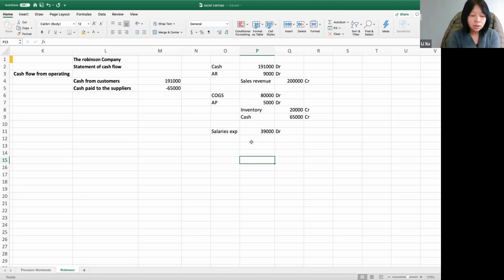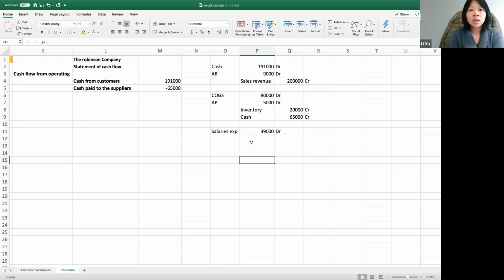So I had a student come here, they asked me, how do you know where this accounts payable goes? In reality, you can look at the past journal entries. You can see exactly how much accounts payable goes to the cost of goods sold and how much accounts payable is used for the salary expenses. But when you're doing homework, when we're doing exams, we don't have access to the detailed transactions.